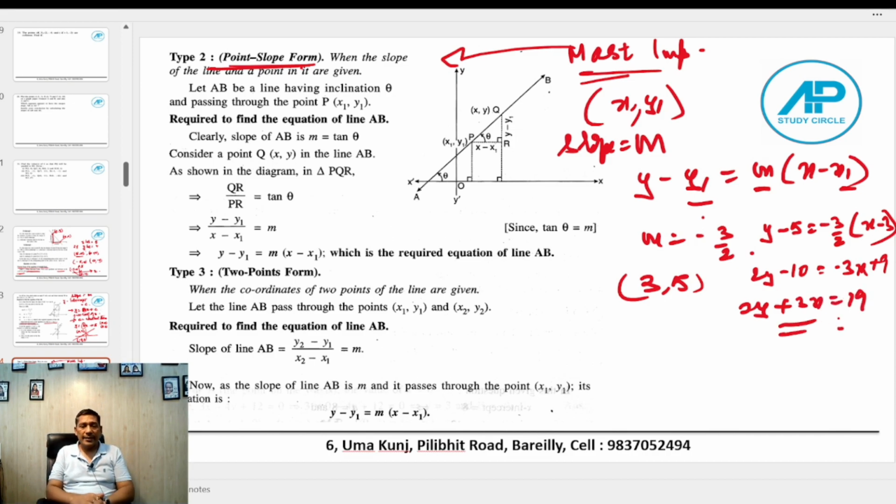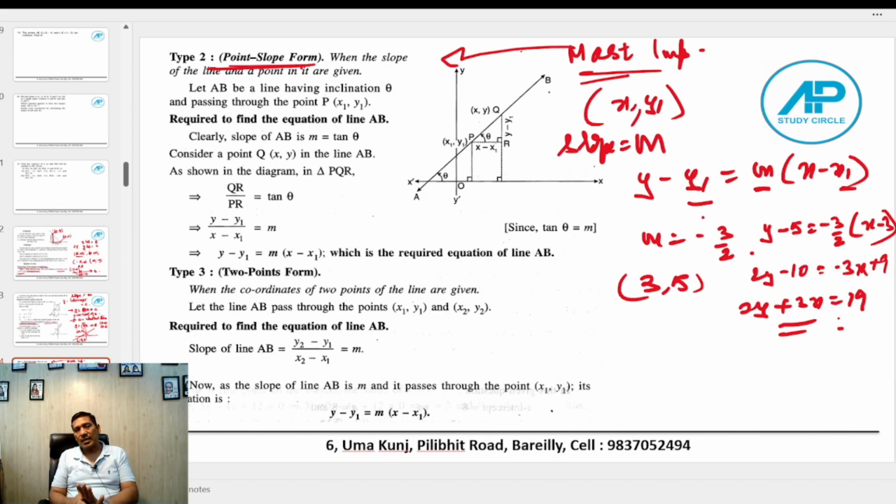Equation of the line is ready. So whenever you have a slope and a passing point, you can very easily derive the equation of a line by using the formula y minus y1 equal to m times (x minus x1). I hope you understand this point very carefully.